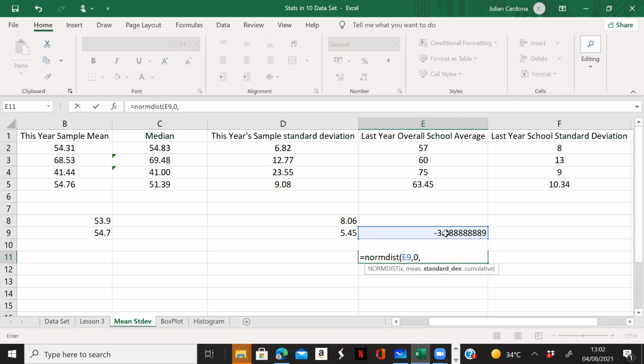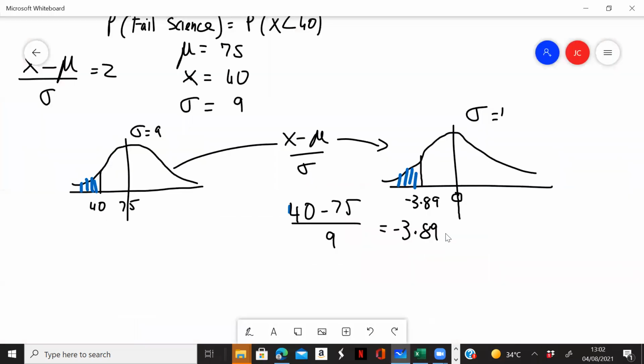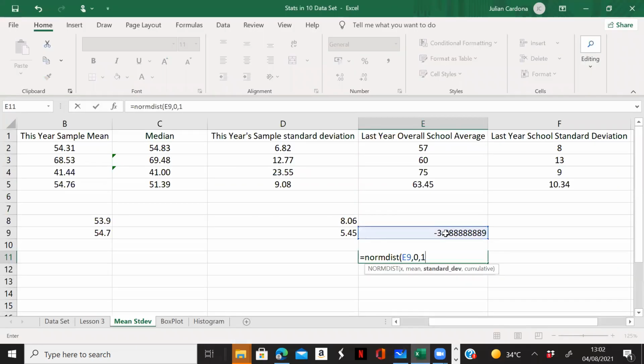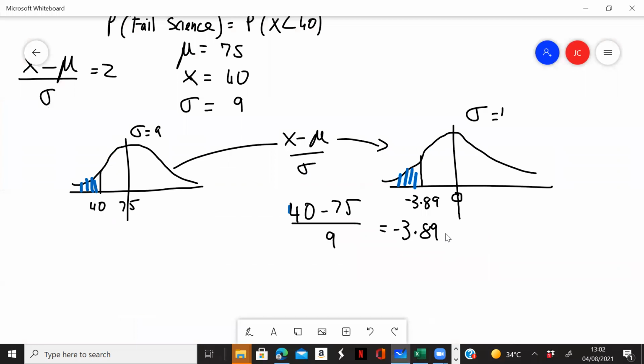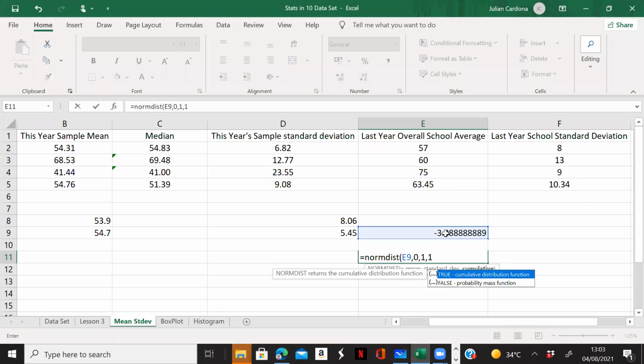I need to input the standard deviation. I am using standard normal, so the standard deviation is 1. And I'm going to say whether it is cumulative or not. In our case, we know that it's cumulative. The probability is accumulating from left to right, the blue region. So I'm going to put a 1 for true. 1 means true, it is cumulative.